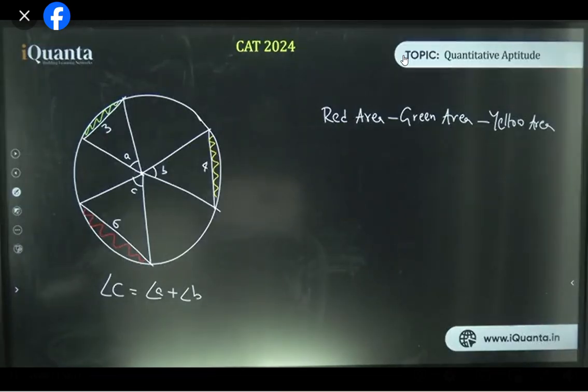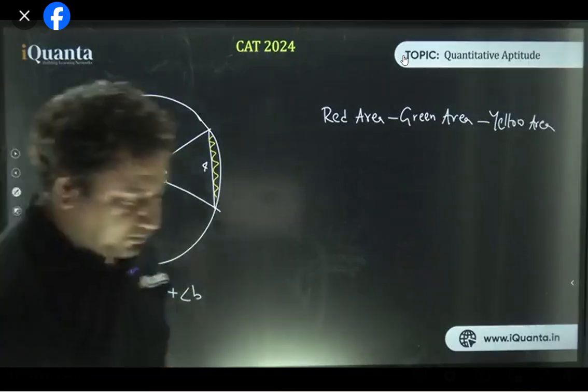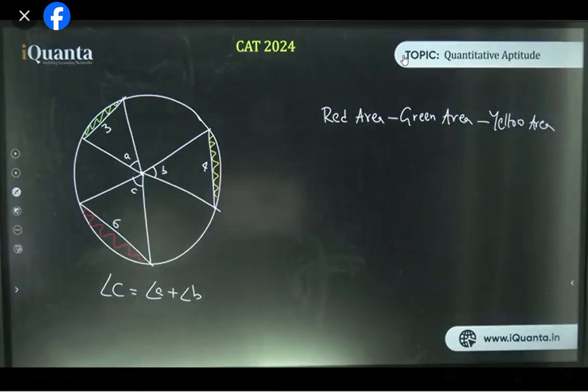निश्चित सेक्टर का एरिया तो होता है थीटा अपॉन 360 into pi r square. By the way, radius is not given. The length of radius is not given to you guys. सेक्टर फॉर्मूला संस्कार बता रहा हूँ. थीटा अपॉन 360 into pi r square. ट्रायंगल आइसोसेलेस जानती exactly. रेडियस भी नहीं हो पाएगा.